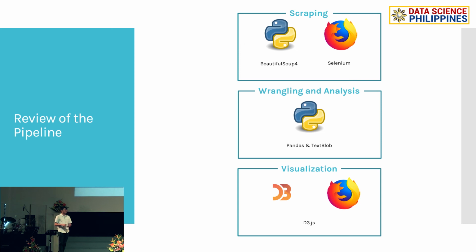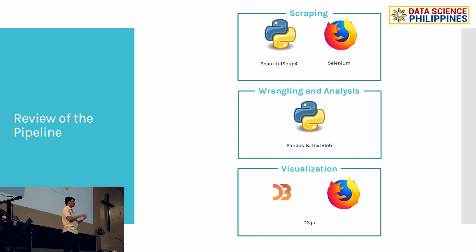Pandas, panel data, right? So pandas is the package I use to convert the JSON into a data frame and perform some wrangling, along with TextBlob, which allowed me to parse out which words were in English and which words were in Tagalog.